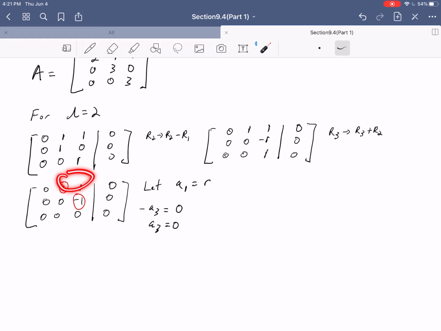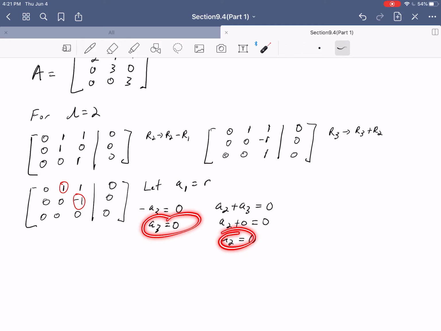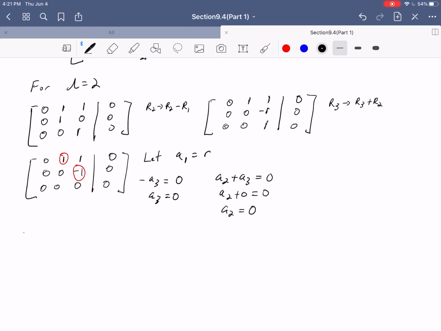And then we'll take this guy up here: A2 plus A3 is 0, so A2 plus 0 is 0, so A2 equals 0 as well. So our A1 is free and the other entries must be 0. So eigenvectors are of the form R, 0, 0. And a basis for that would just be the single eigenvector 1, 0, 0.